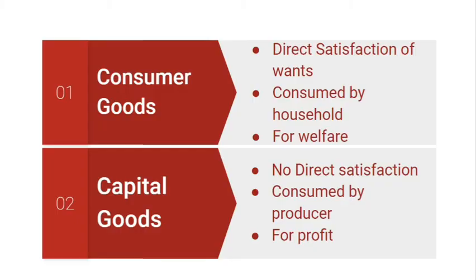Okay, so now here are some points for consumer goods and capital goods. The consumer goods are the goods which directly satisfy the wants, and they are consumed by the household, and consumer goods are for the welfare of the people, whereas capital goods are used not for the direct satisfaction of wants but for profit maximization, and they are consumed by the producer.